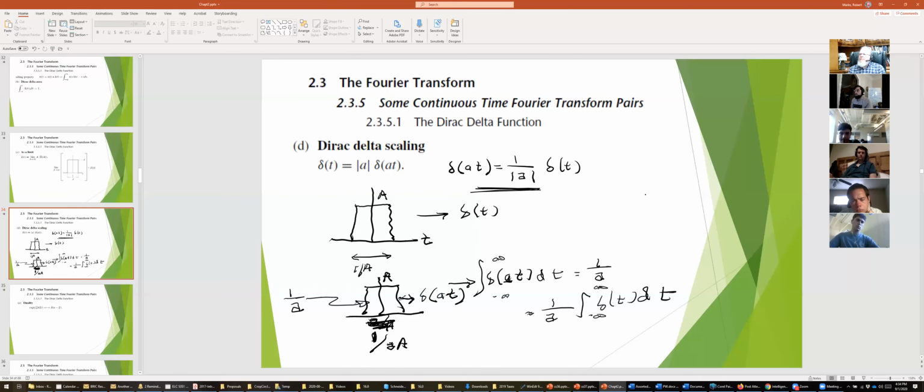I'm going to ask you to do a problem. This is very interesting. What is delta of a function? What do you think the delta function of the delta of a function is?